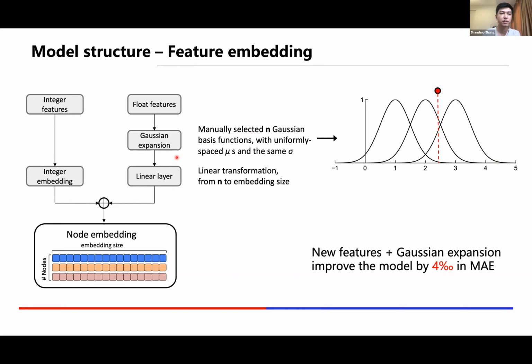And then these n floating point values will go through another linear layer to transform them to the same size as the integer embedding, and then add them together. We tried this and found that the new features plus the Gaussian expansion improved the model by 4 in 1,000 in the MAE.